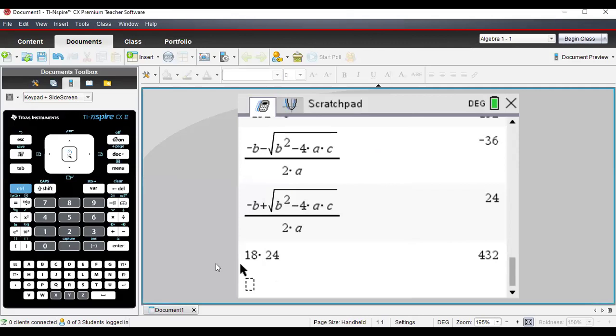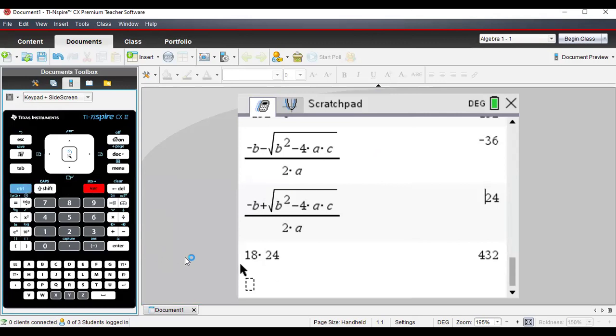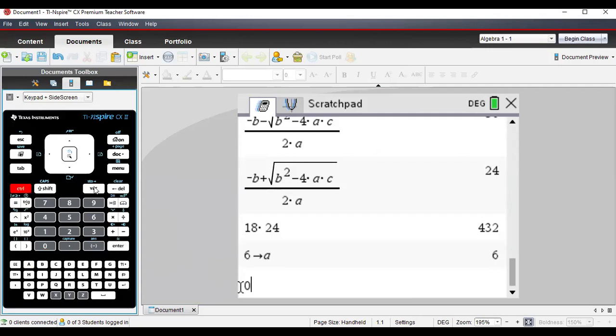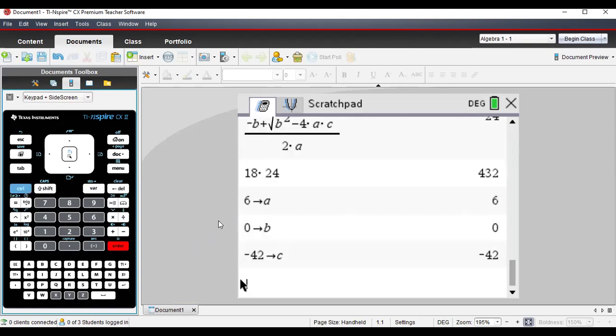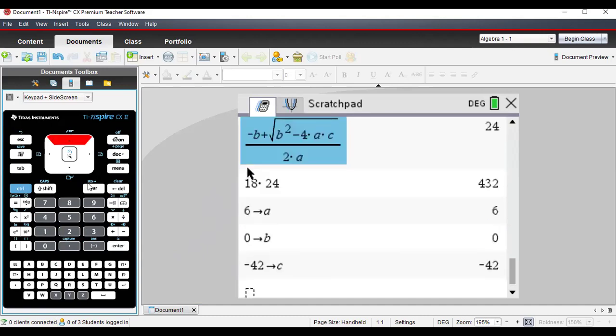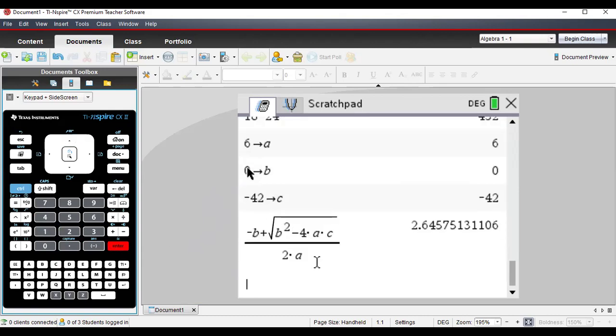I'm going to store 6 into A, 0 into B, and negative 42 into C. Press enter. Now I can use the formula that's already been used, and I press enter, and I get an irrational root.